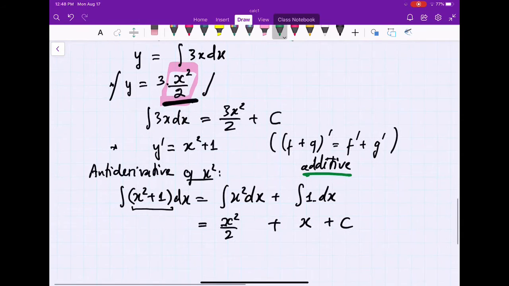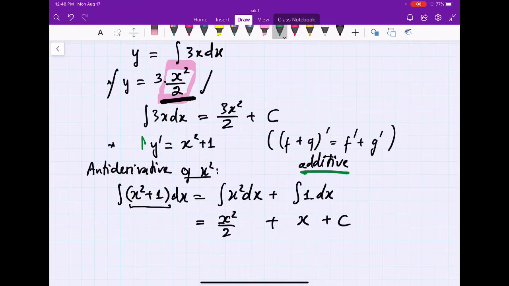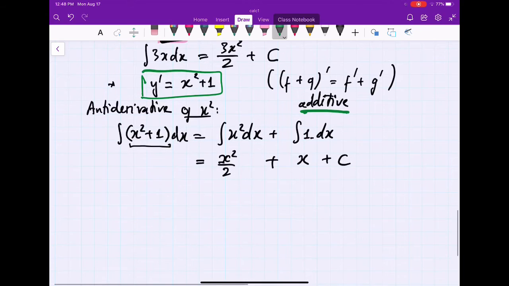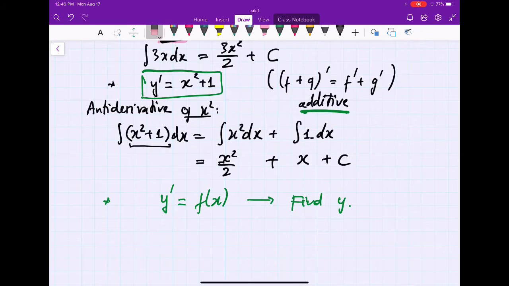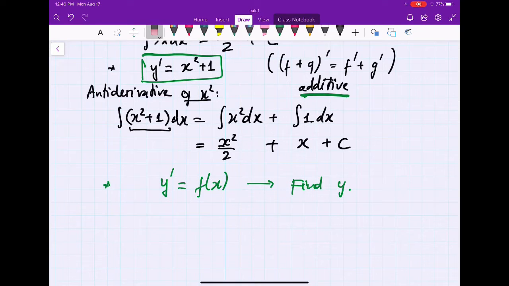Okay? So if you look at this problem from another point of view, you have y prime equal to some function f of x, and you need to find y. Such an equation is called a differential equation, because this equation involves differentials and derivatives.